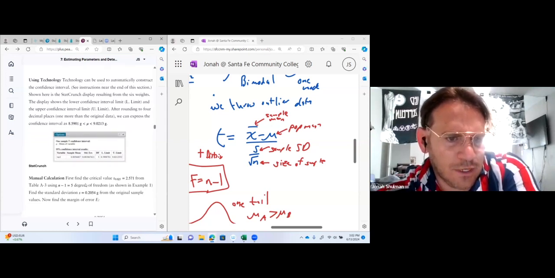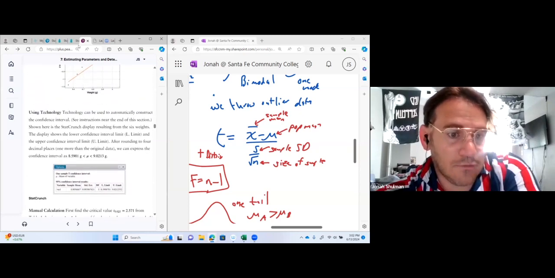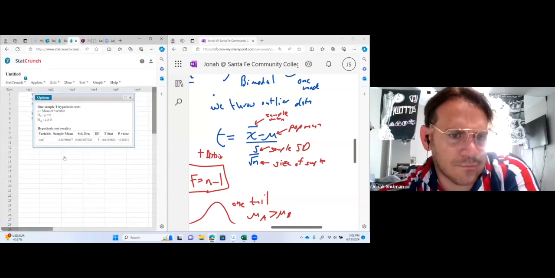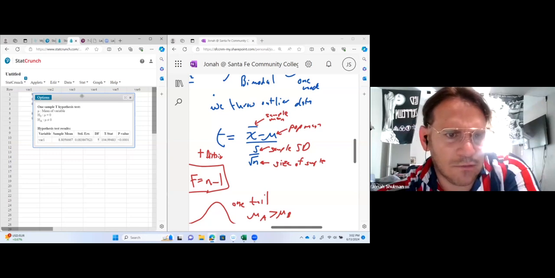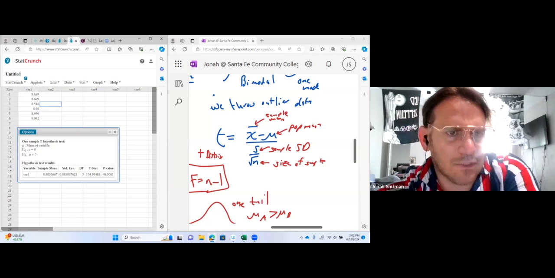First, find the critical value from table A3. Oh, okay. Nice. I want to be able to do this by hand, and that's the most important thing to be able to do with this stuff. We have the sample mean, which we got before, the 8.8057. We got the standard error, the t-stat, the p-value.